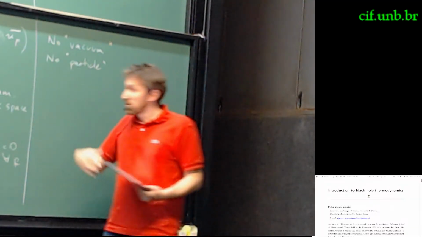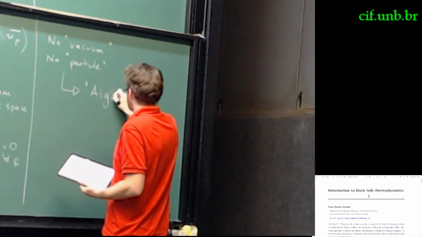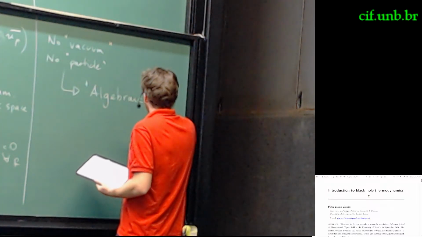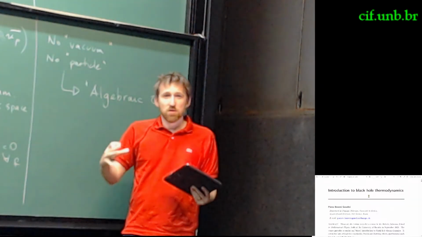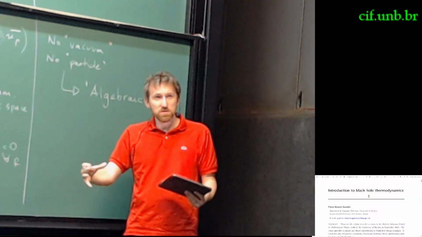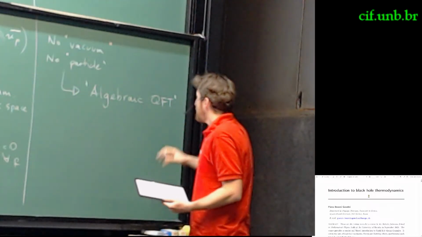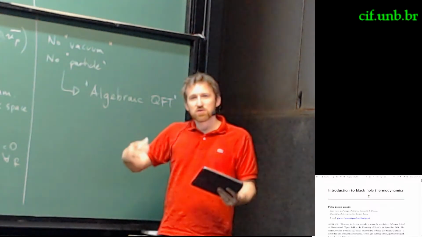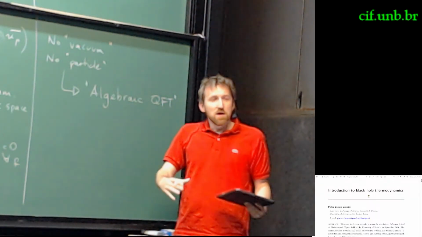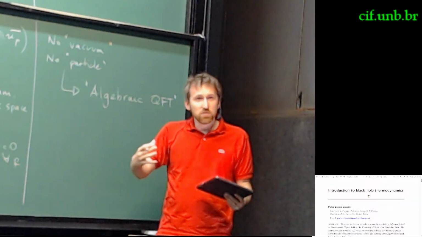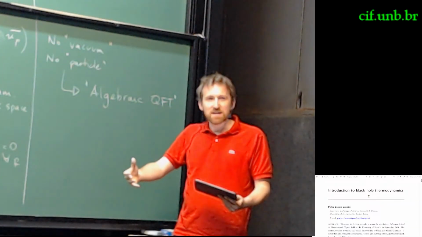In this way of doing quantum field theory, which is sometimes called the algebraic approach to QFT, the central object is the algebra of observables that is associated to any subset of your curved background. And then you define a state as a functional on this algebra of observables, in the sense that you define the state by looking at the value that all the possible observables take on that state.